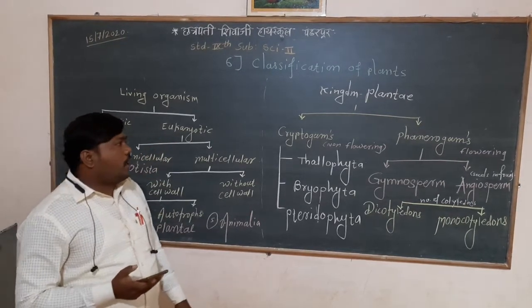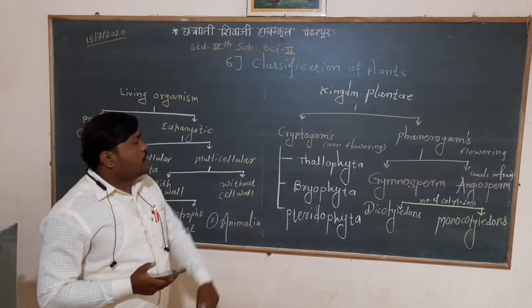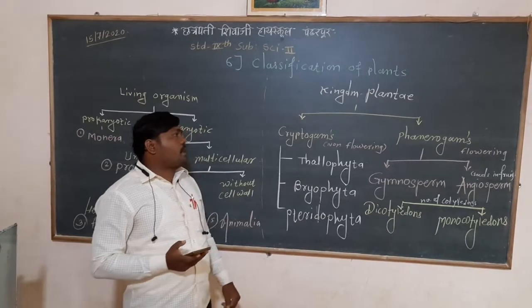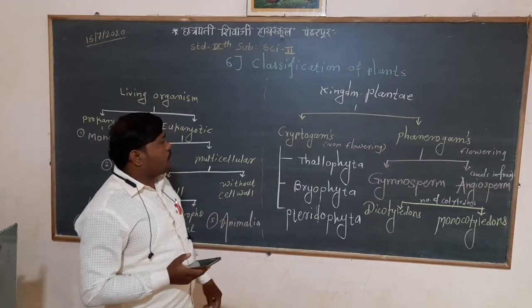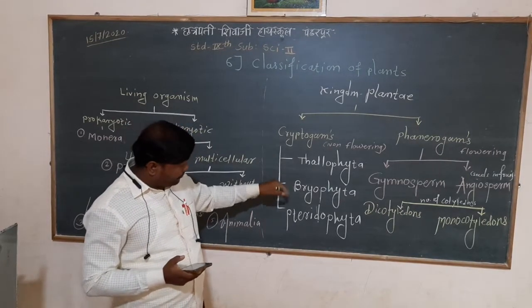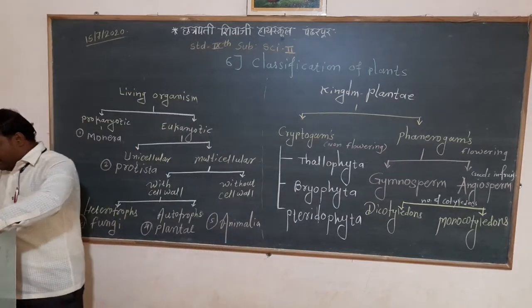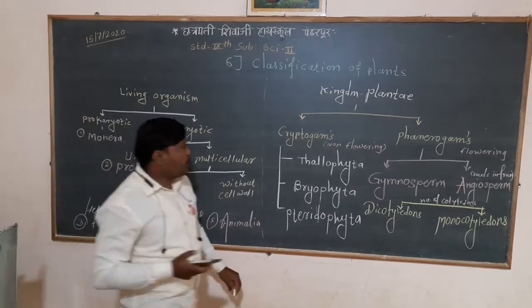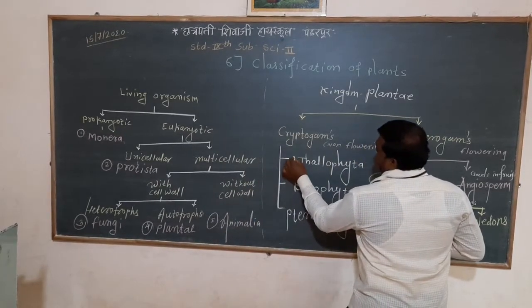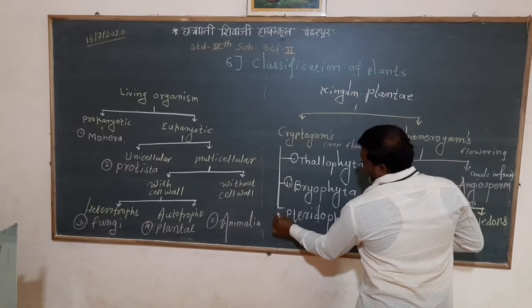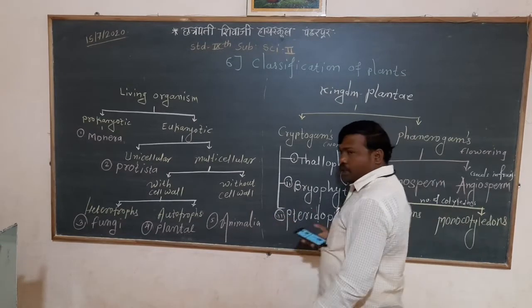Likewise in kingdom Plantae, first of all there will be the cryptogams and phanerogams. In the cryptogams there are 3 groups. The first one is the Thallophyta, second the Bryophyta, and third the Pteridophyta.